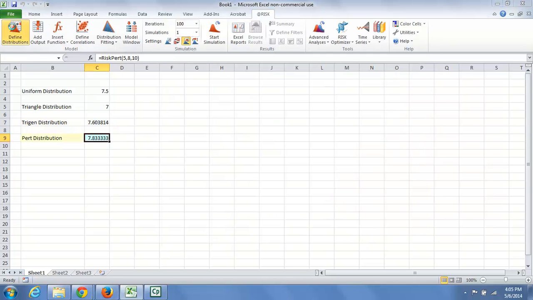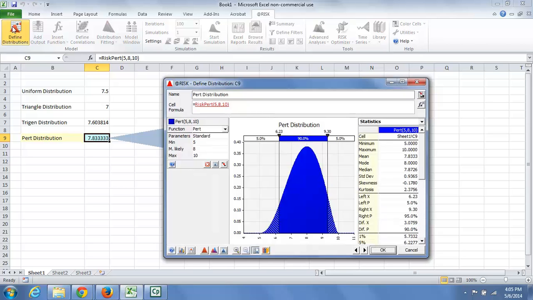The last distribution that we're going to take a look at here is the Pert distribution. The Pert distribution uses exactly the same parameters that the triangular distribution does. It gets its name because the Pert distribution uses the same assumptions about the mean as Pert networks do. Now you would have to take a look at the formula for the mean to understand that, and that's not our concern right now.